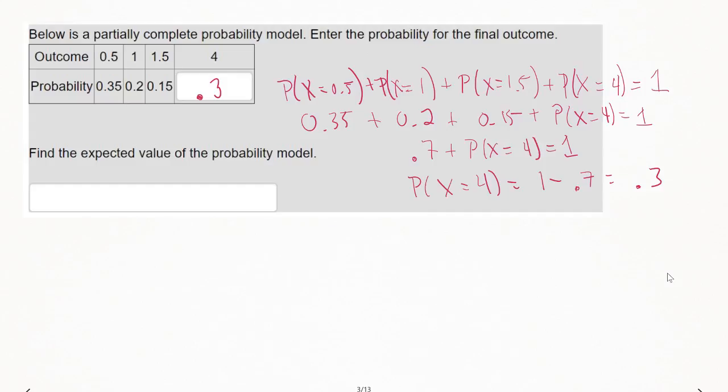Now moving forward, we want to find the expected value of the probability model. Okay, how the heck do we do this? There's a couple different notations. You might hear the mean of the random variable or expected value of X. Both of those mean the same thing.